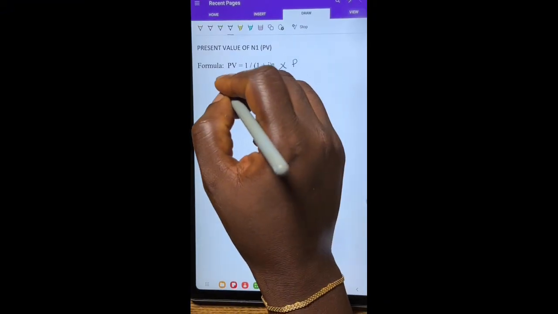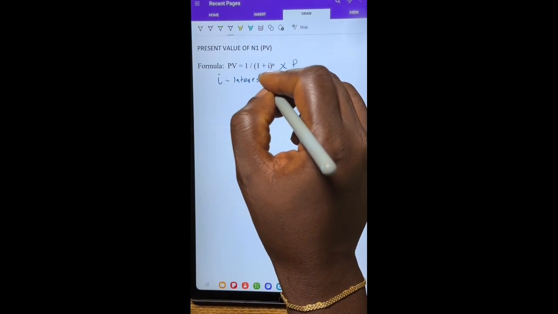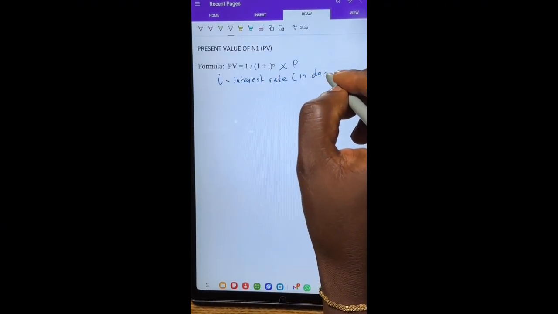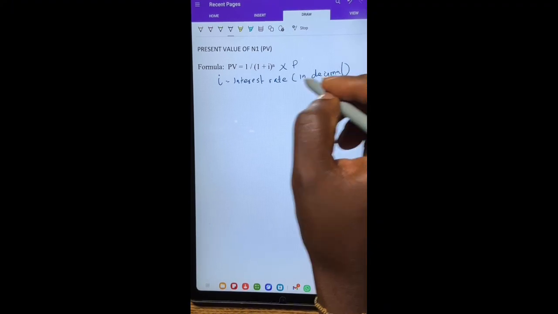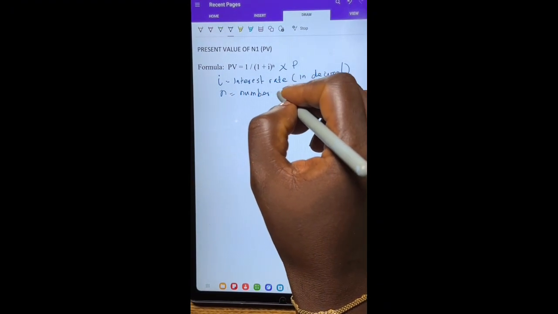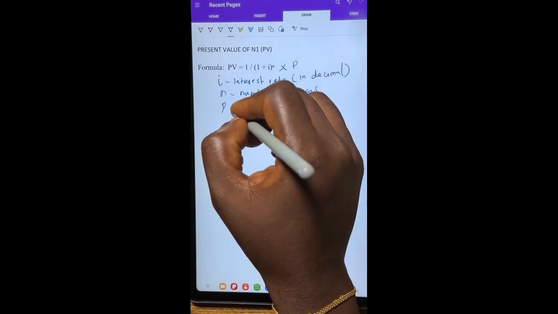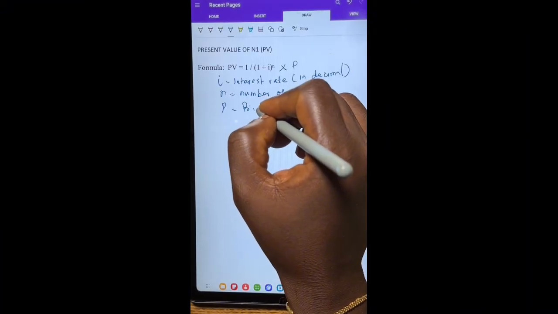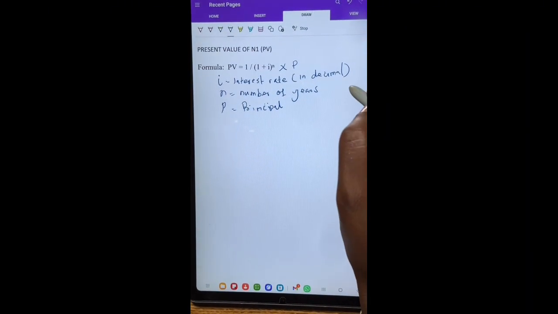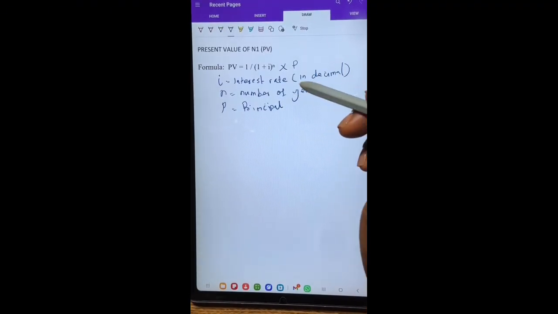I is equal to interest rate in decimal, of course, n is equal to number of years, and P is equal to principal, which is the amount that the investor is putting aside or the amount that the investor is hoping to receive.